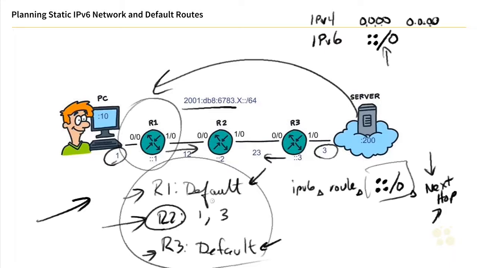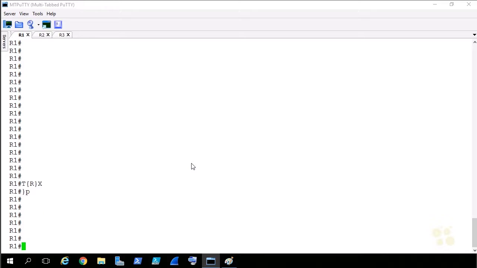Here on R1, we're going to create a default IPv6 route that says to reach anything outside of what you know about already, forward it to the IPv6 address of R2. So let's make that change. Let's go to configuration mode, and we'll do an IPv6 route.